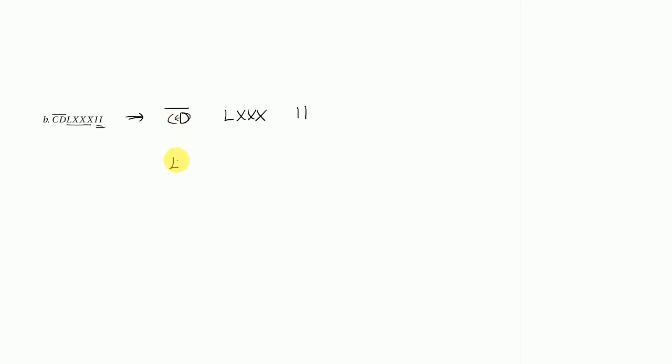So it's going to be 400, but the bar means multiply by 1000, and that is 50 plus 30, right? So it's going to be 80, and with 2, okay? So all together it is actually 400,082, okay?